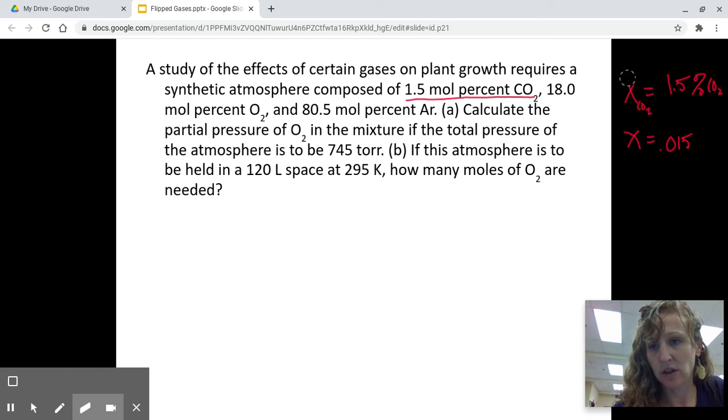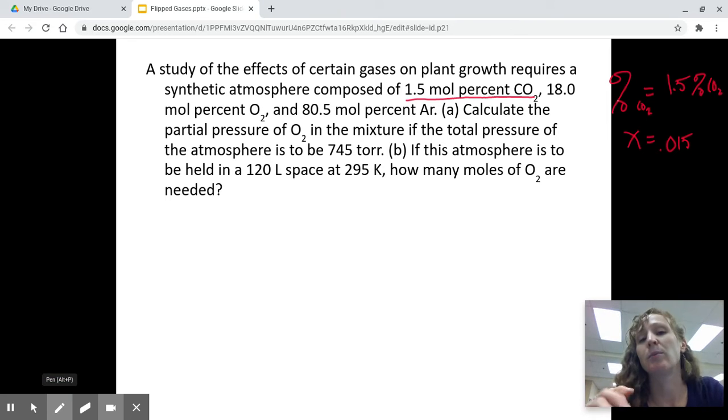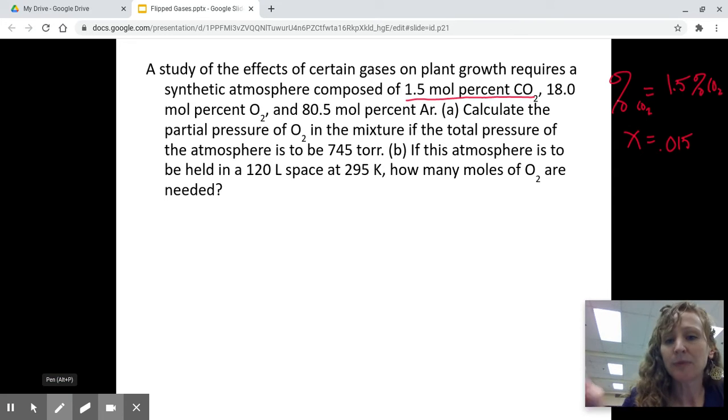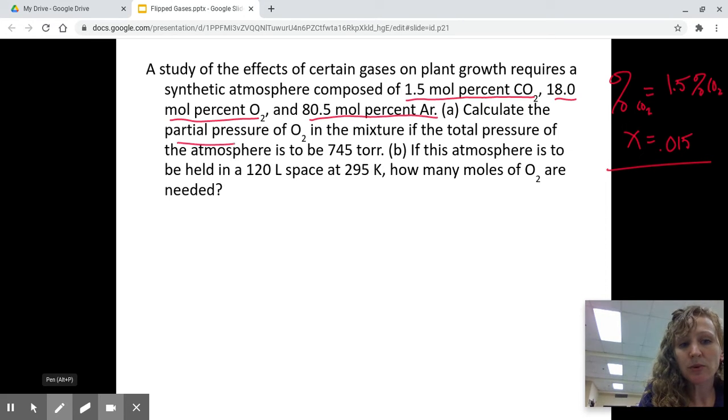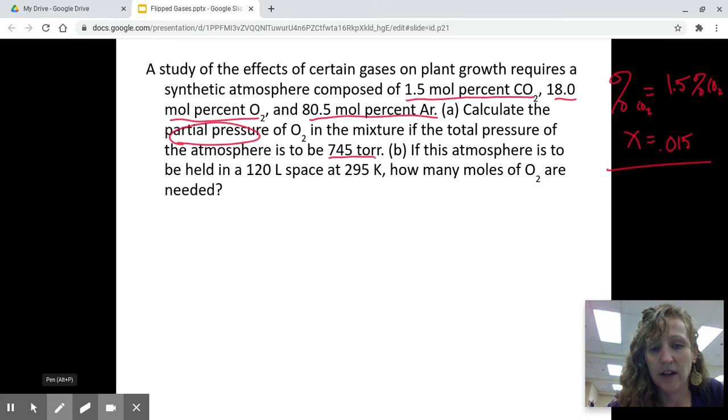So this is not actually a mole fraction up here. It's a mole percent, a percent by mole instead of a percent by mass. Okay, anyway, moving on. 18 mole percent O2, 80.5 mole percent Ar. Calculate the partial pressure of O2 in the mixture if the total pressure of the atmosphere is 745 torr.